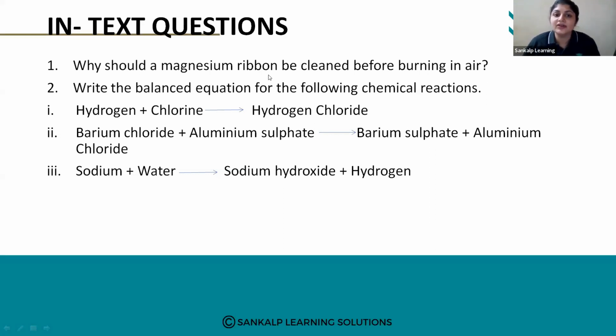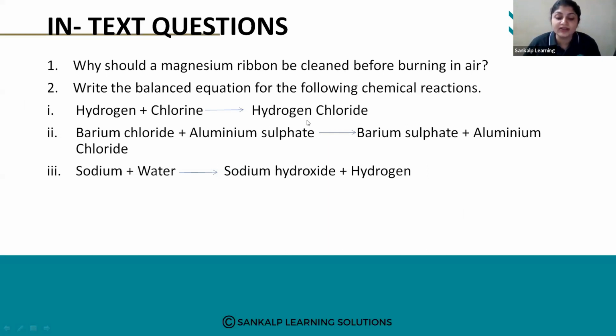Whenever you want to heat or burn a magnesium ribbon in air, before burning you have to clean it. The magnesium will react with the air present in the atmosphere and form magnesium oxide. The layer is very stable.